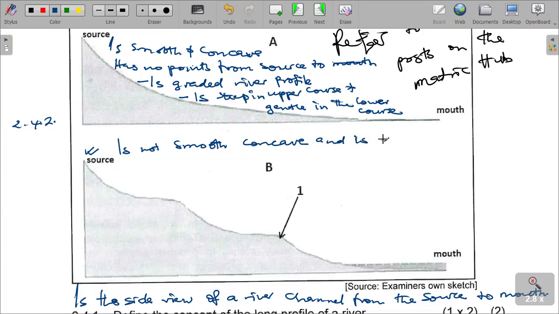Hence, it would have a temporary base level, which is caused because of these other features that are found along it.